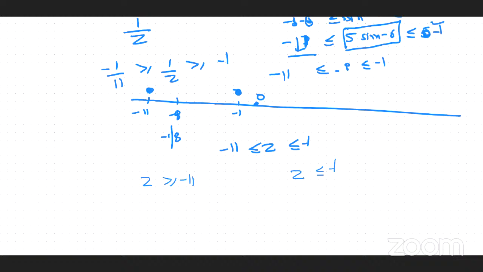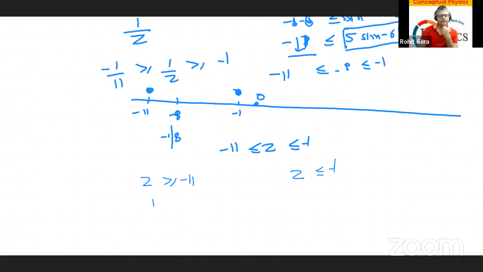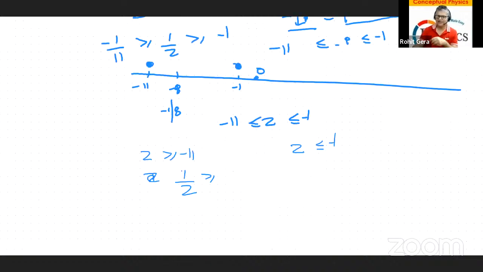Okay, so I will write 1 by z is greater than or equal to, I have to invert it. If z is less than or equal to -1, which is on the left hand side of this number, and I want to do 1 upon z, can I say 1 upon z is therefore greater than or equal to -1?